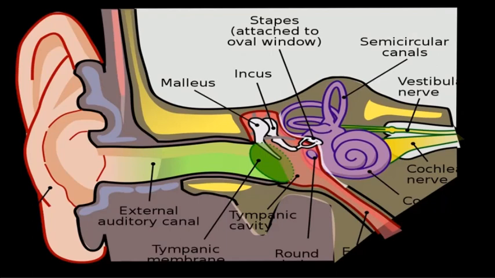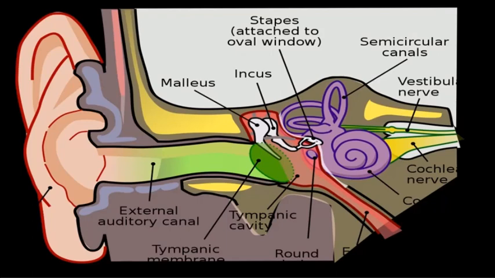So compression and rarefaction continuously affect our eardrum, and the pressure outside decreases and the membrane gets pulled outwards when there is a rarefaction. Thus the sound waves cause vibrations of the membrane. Because of the compression and rarefaction, it is getting pulled inside and pulled outside, and because of that the vibrations are happening continuously inside the middle ear.